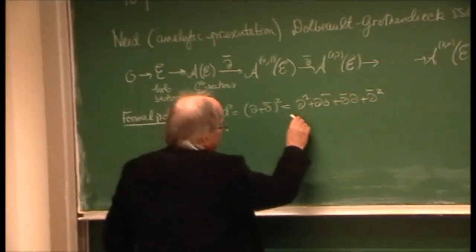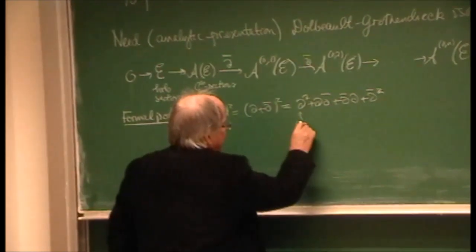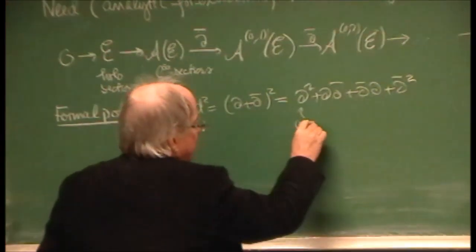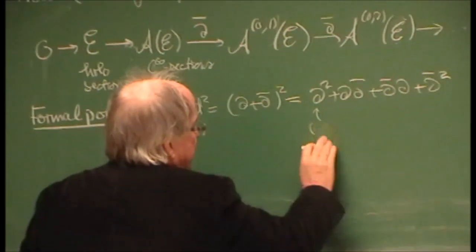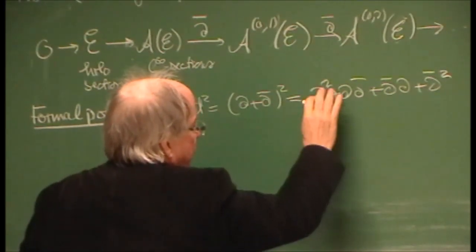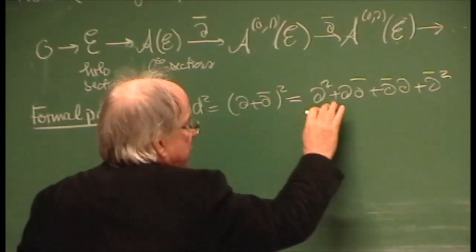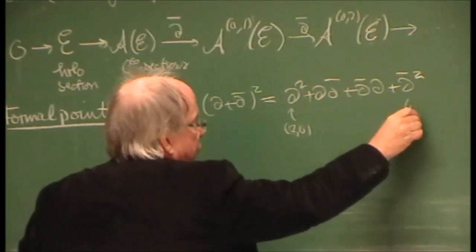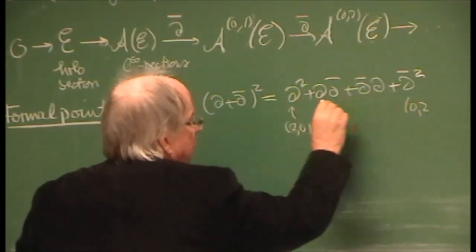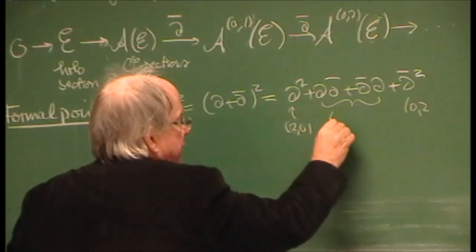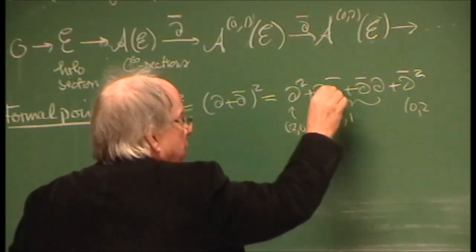If you apply del squared, the image gives you forms of type (2,0), because you only differentiate and get dz terms. d-bar squared gives you forms of type (0,2), and these operators in the middle give you forms of type (1,1).